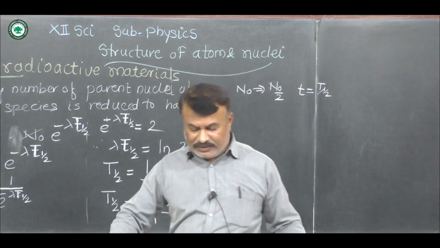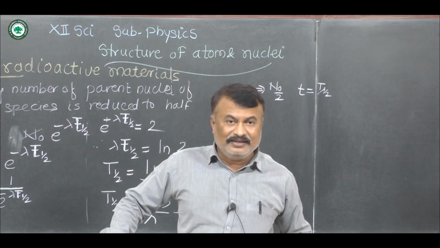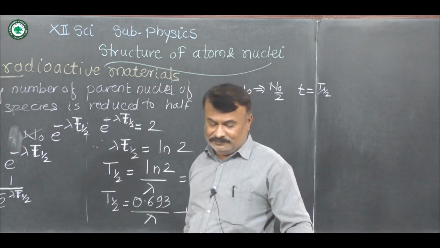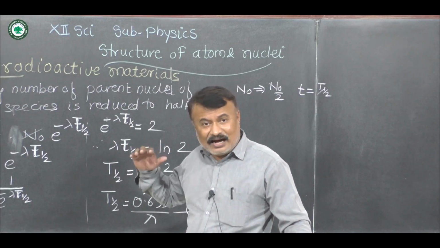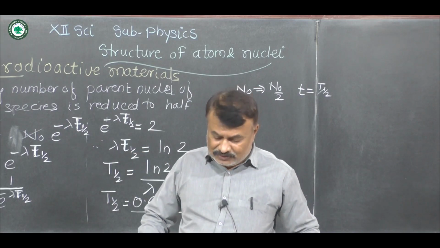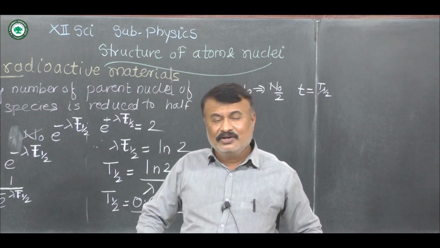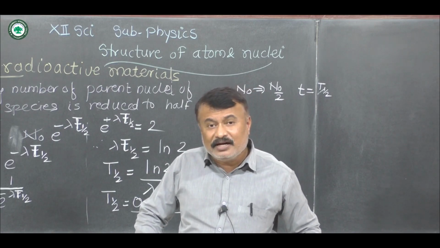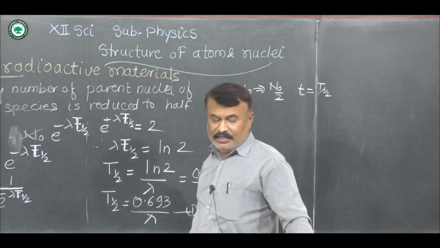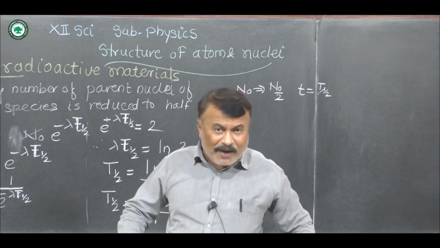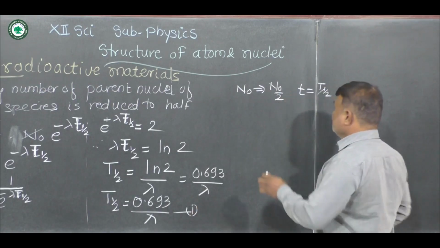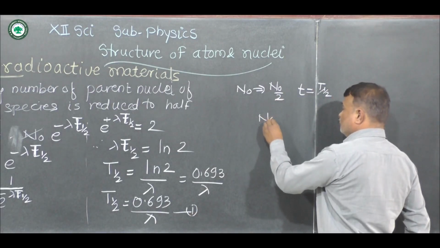In that case, small t is equal to capital T half, means half-life time. But after another time interval T half, the number of parent nuclei will not become 0. Remember this. In this case, it will go to half value, means N0 by 2 to N0 by 4.